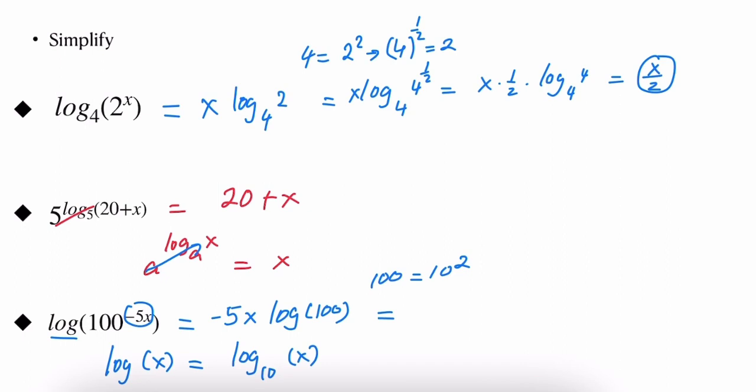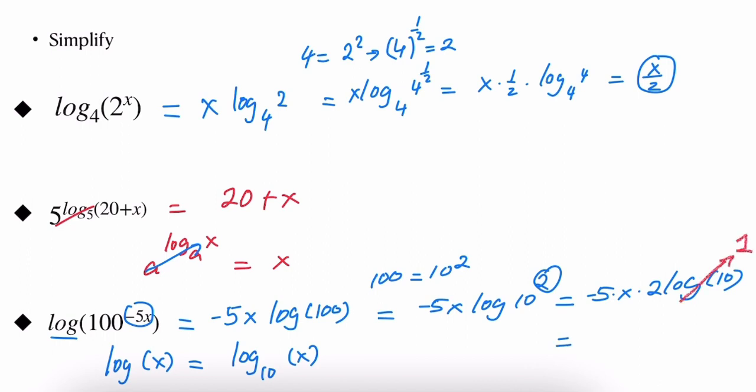So then you can rewrite 100 as 10 squared. You can move the power 2 to the front and multiply it by log of 10. And log of 10 is just going to be 1, so it just cancels the log 10 term. Then the simplified version of this log term should be negative 10 times x.